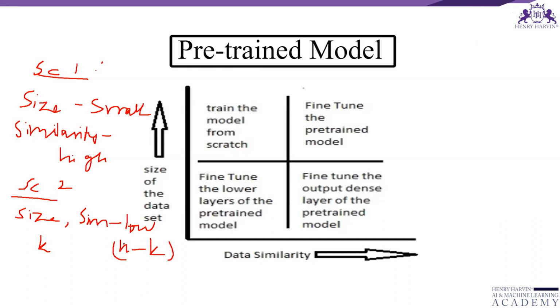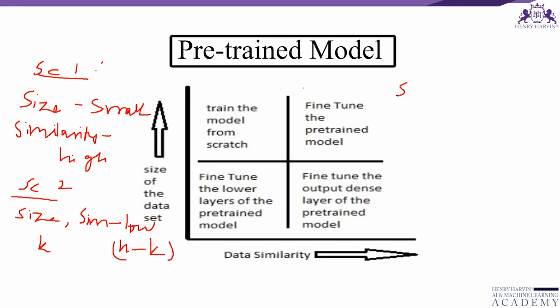So the top layers would then be customized to the new data set. The new data set has low similarity, so it is significant to retrain and customize the higher layers according to the new data set. The small size of the data set is compensated by the fact that the initial layers are kept pre-trained, okay, and the weights of those layers are frozen.